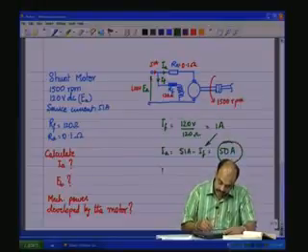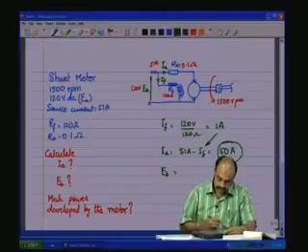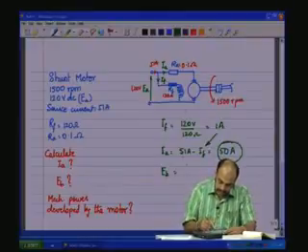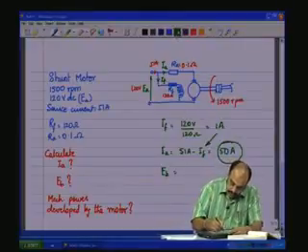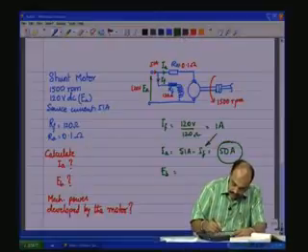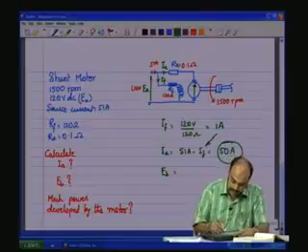Now what is EB? EB is the back EMF, which is across the brushes.